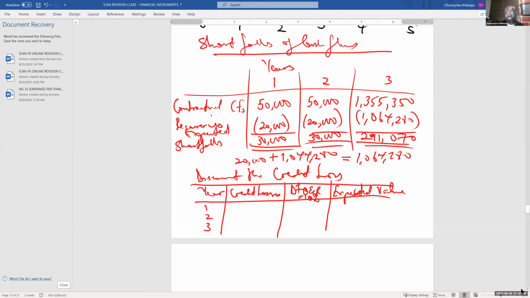What are these? 30,000 in year 1, 30,000 in year 2, 291,070 in year 3. Now let me find 10%. If I discount 1.1 raised to power minus 1, I will have 0.9091.